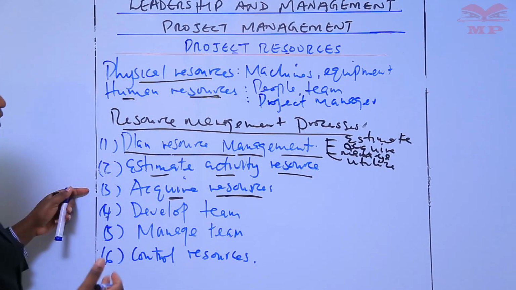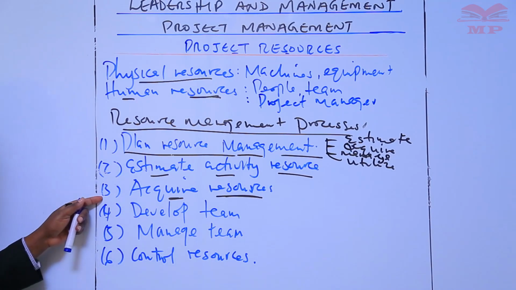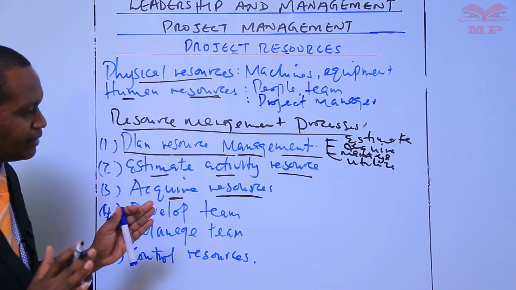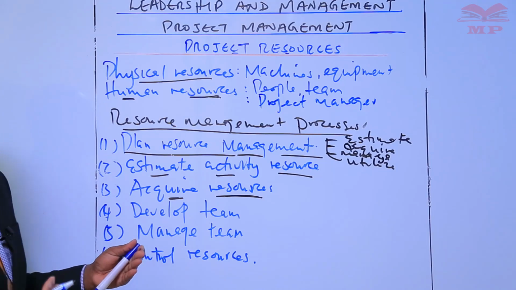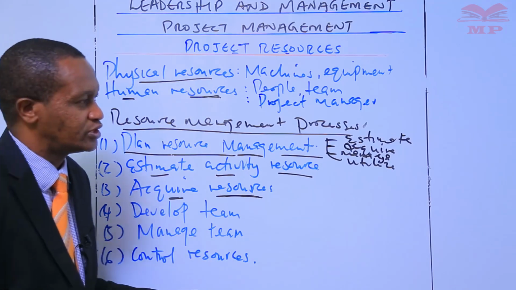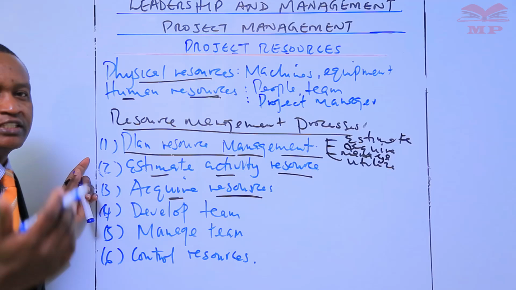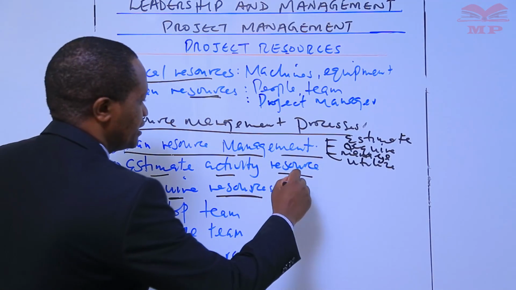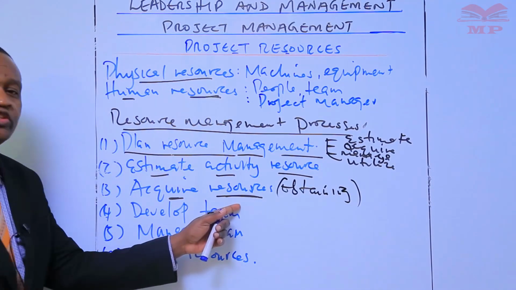Now, candidates, after estimating the resources in the second process, the third process is acquiring resources, which is a process of obtaining team members, obtaining facilities, obtaining equipment, obtaining materials, obtaining supplies, and other resources that are necessary to complete project work. Acquire, obtaining, the process of obtaining resources.